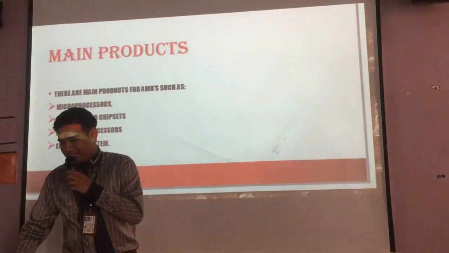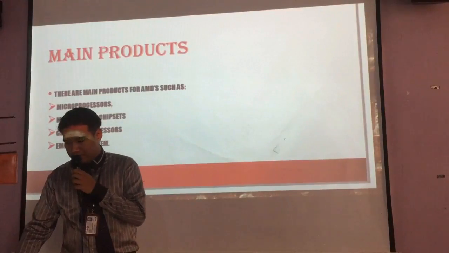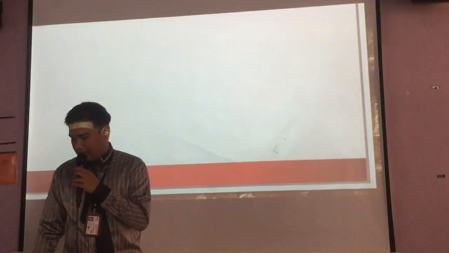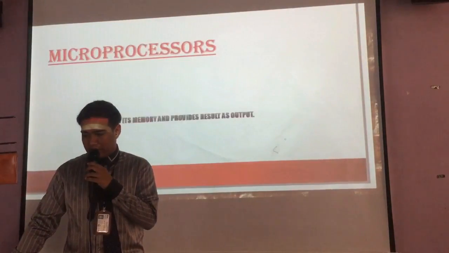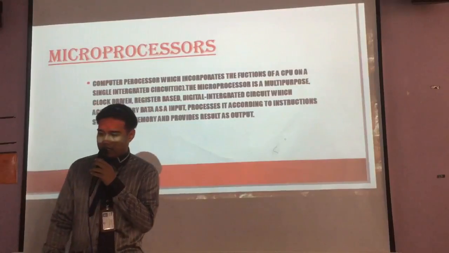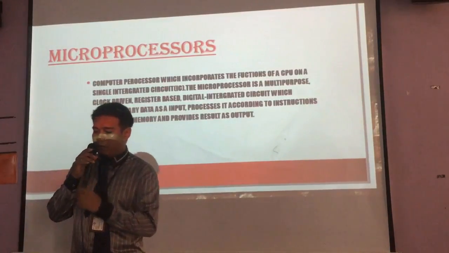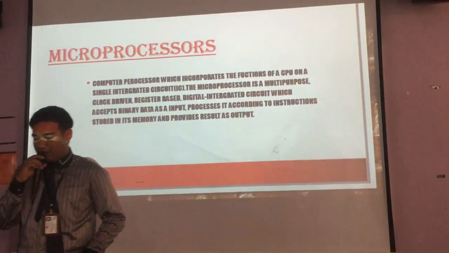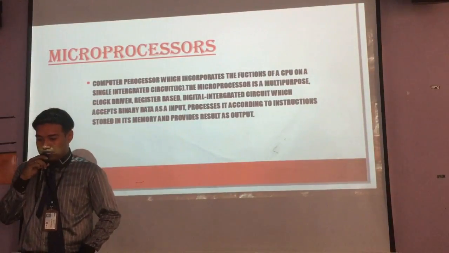Such as microprocessor, motherboard chipset, graphic processor, embedded system. Okay, first microprocessor. A microprocessor is a computer processor which incorporates the function of a CPU on a single integrated circuit.